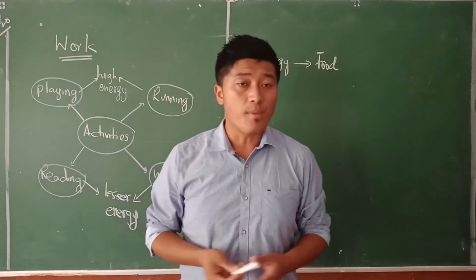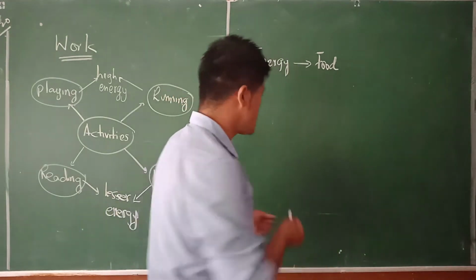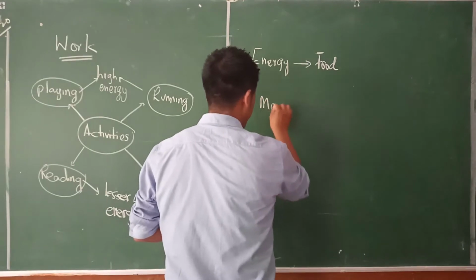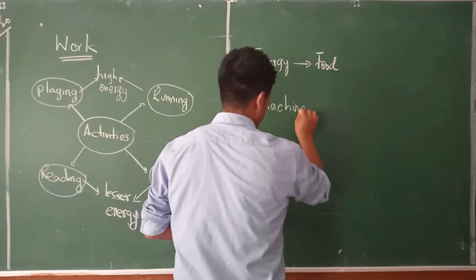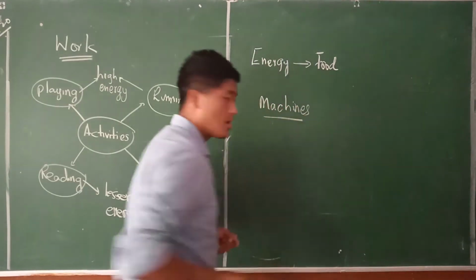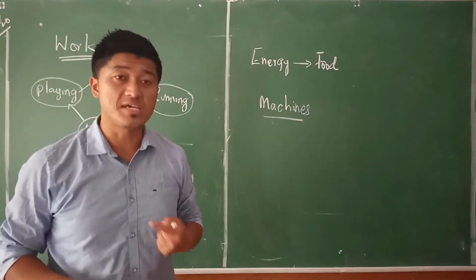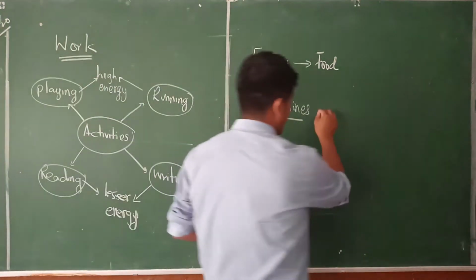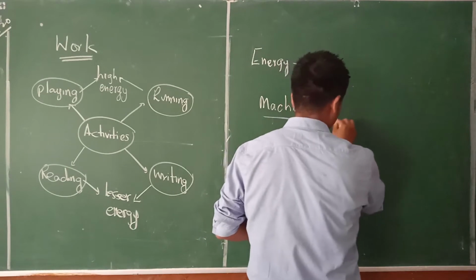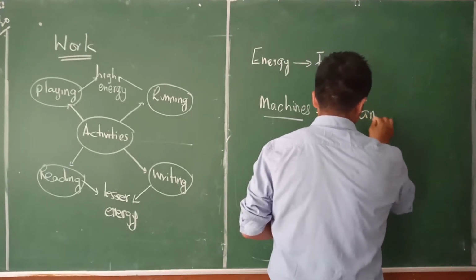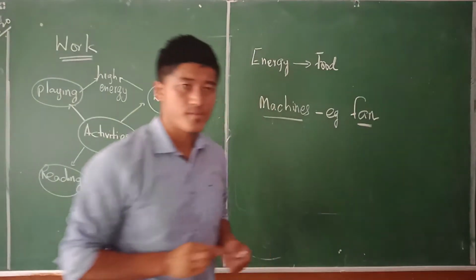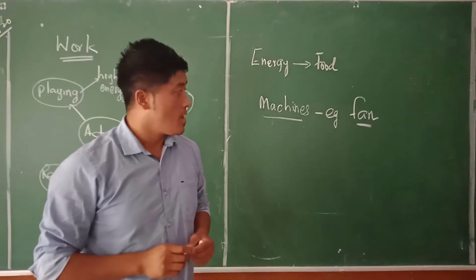Now if you talk about machines, what are the kinds of machines which we see in our daily life? The most common example is a fan.